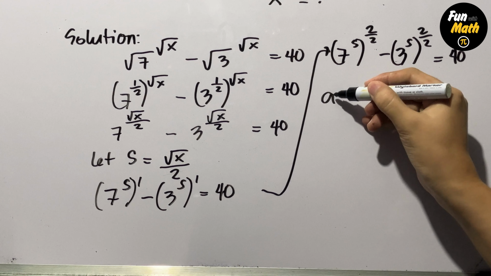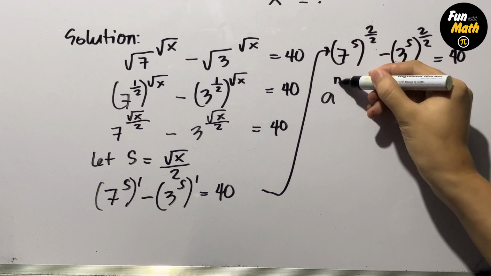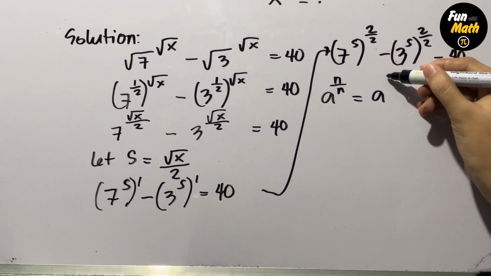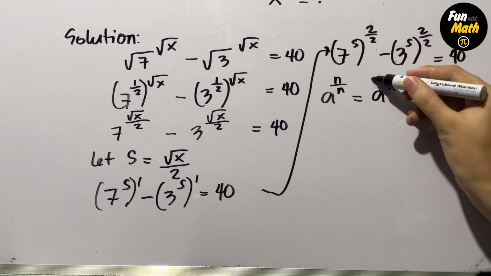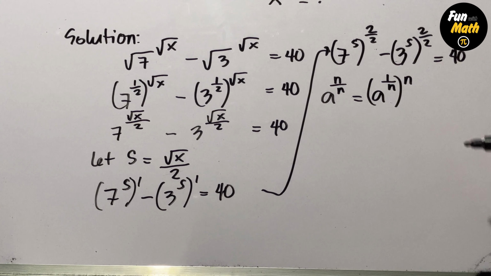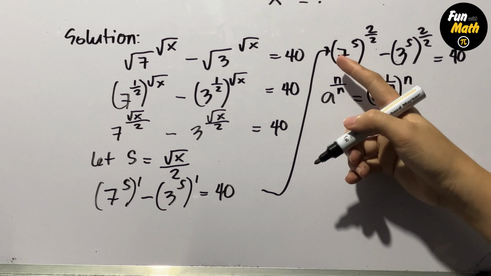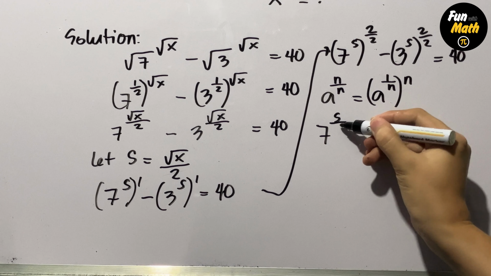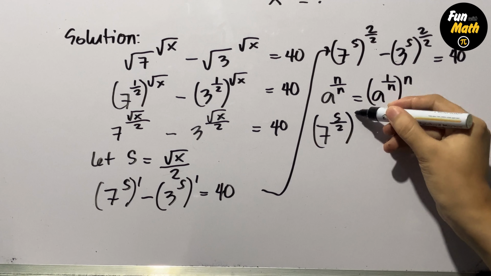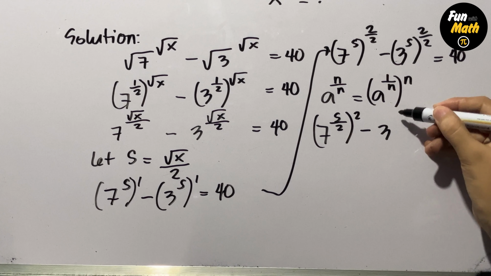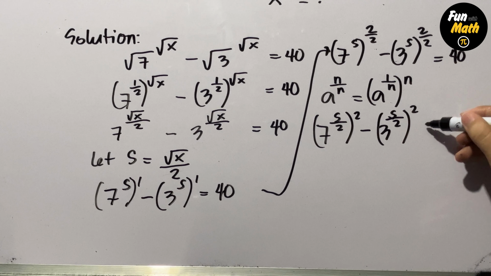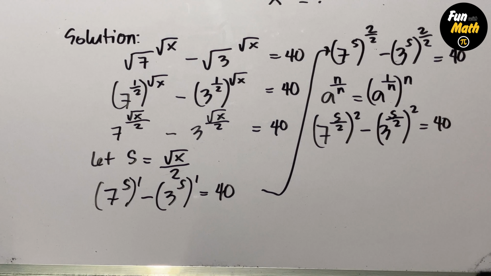We have a to the power of n over n, which is also equal to a to the power of 1 over n whole to the power of n. So to write, this is now 7 to the power of s over 2 whole to the power of 2 minus 3 to the power of s over 2 whole to the power of 2 equals 40.